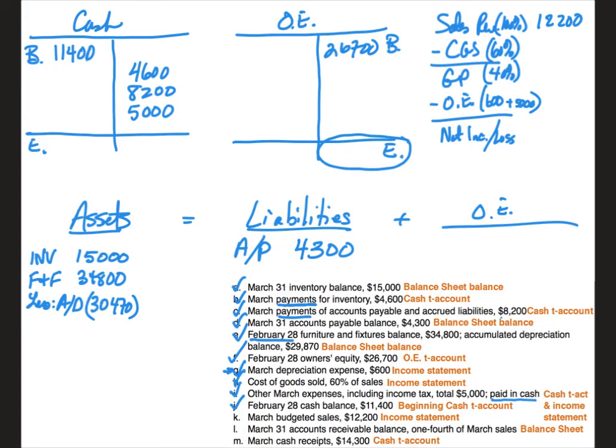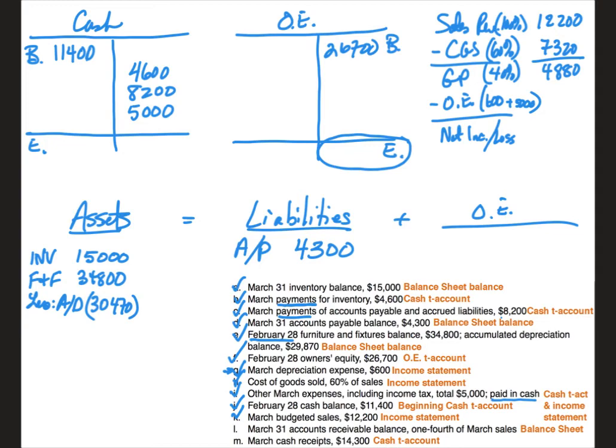Cost of goods sold was 60% of sales. So when you multiply 12,200 times 60%, we get $7,320. And sales minus cost of goods sold is $4,880. And we need to keep going. We may have some other operating expenses, not sure yet.